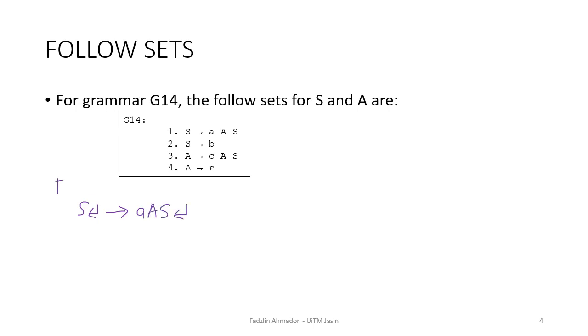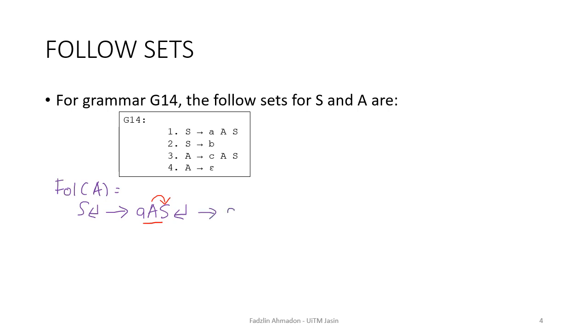We are trying to find follow A, so in this derivation, this is our non-terminal A. Now let's look at the right side of A. The right side of A is S. S is a non-terminal and not a terminal. All the elements of the follow set of A must be terminals.